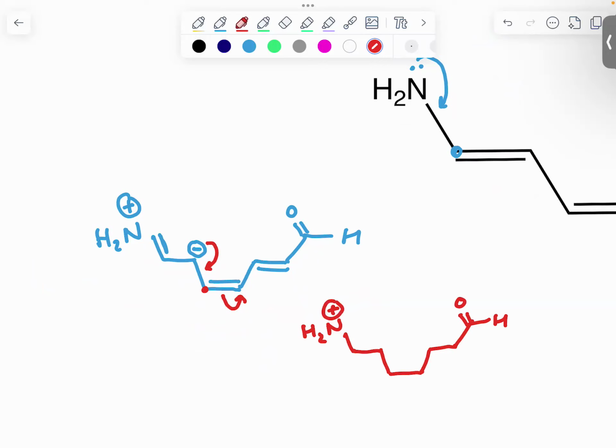Our nitrogen is still electron deficient, so it will still have that positive charge. This double bond remains unchanged. We made a new double bond and put electrons onto this carbon. This double bond remains unchanged.